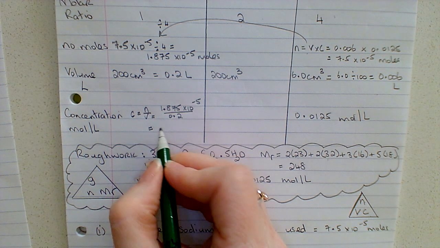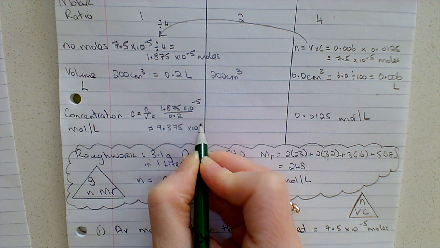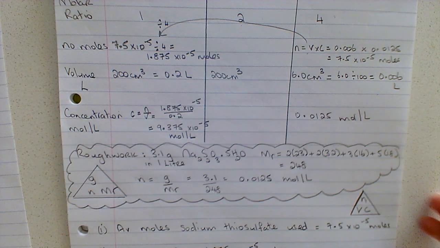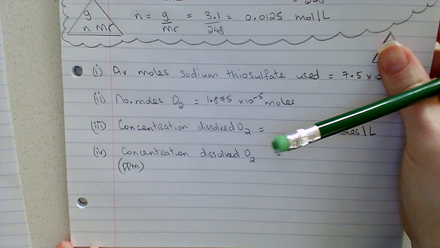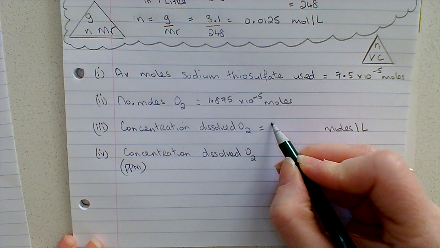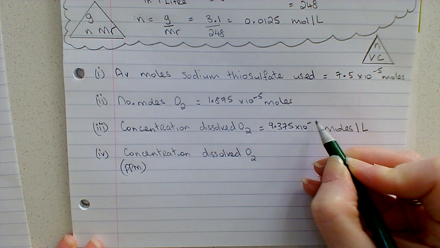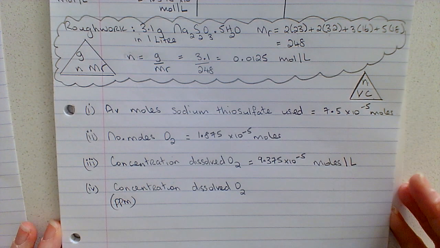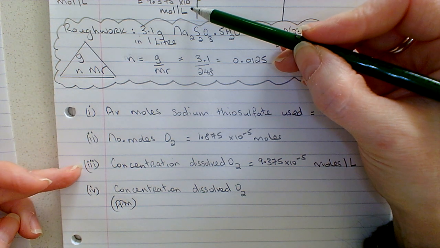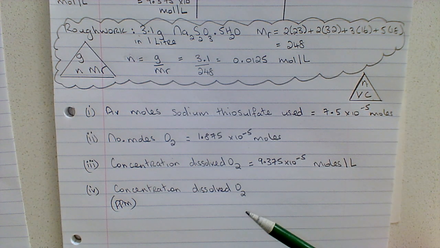That works out to give me a concentration of 9.375 by 10 to the minus 5, and my units are moles per litre. So I can write that in now. My concentration of dissolved oxygen is 9.375 by 10 to the minus 5. Or very simply, you could just write a little 3 beside D part 3 beside that answer if you want, but I think it's nice just to write it all out at the bottom.